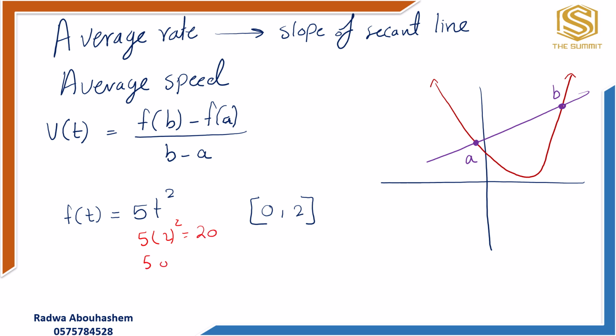And 5 times 0 squared gives me 0. Now let me apply the rule here. It would be 20 minus 0 over 2 minus 0. So 20 divided by 2 gives me 10 meters per second. This is the speed, not acceleration.